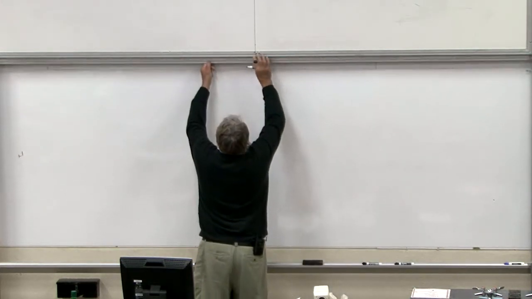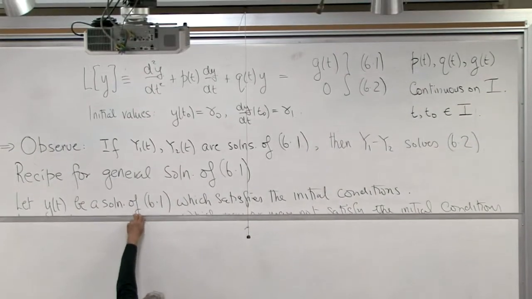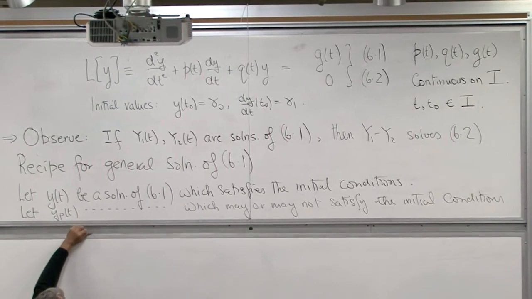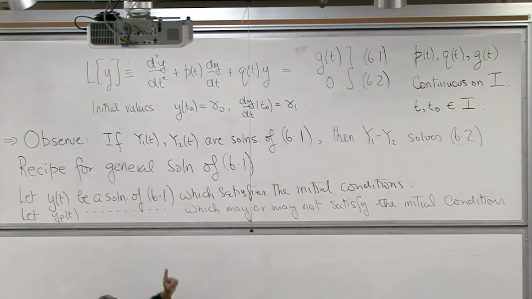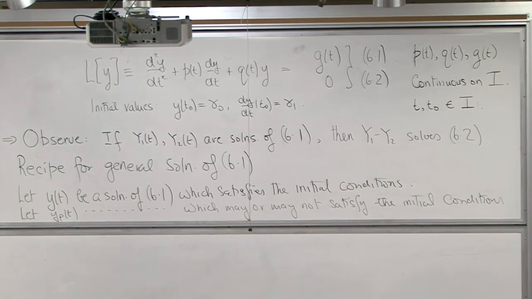So, I say let y of t be a solution of 6,1, the one we want, which satisfies the initial conditions. yp of t is just any old solution of 6,1, whether or not it satisfies the initial conditions.